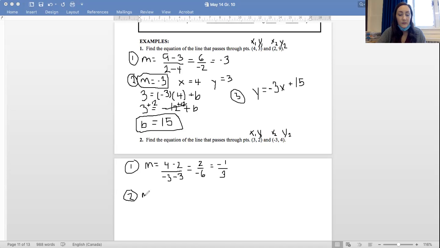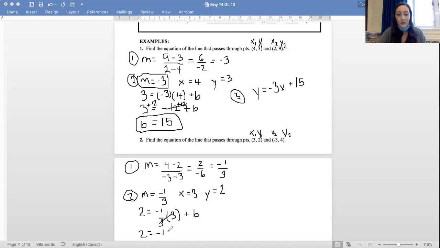Now we have to put it into our equation. We know that m is equal to -1 over 3, x is equal to 3, and y is equal to 2. So you put that into your equation. y is 2, so 2 is equal to negative 1 over 3 times 3, and then we don't know b, and that's what we're trying to solve. Negative 1 over 3 times 3 is negative 1.